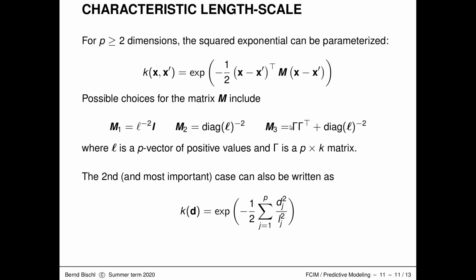And there's a third form, which is a bit more complex, where we are assuming that we are decomposing our matrix M3 into two parts.